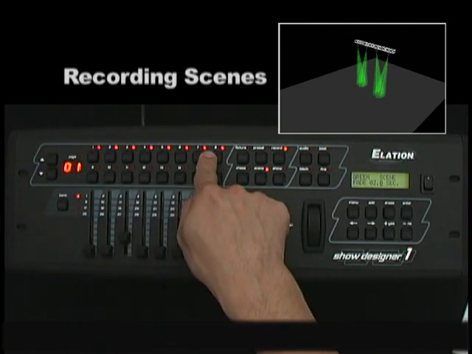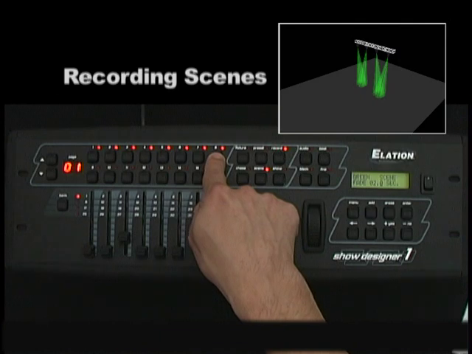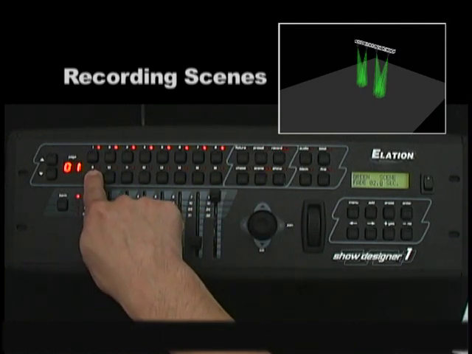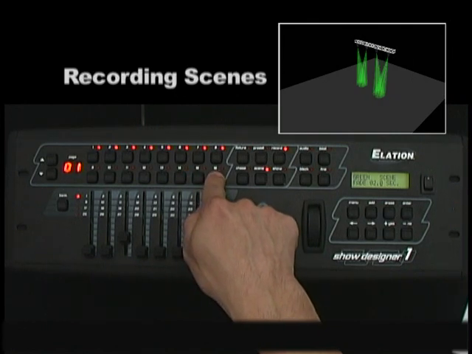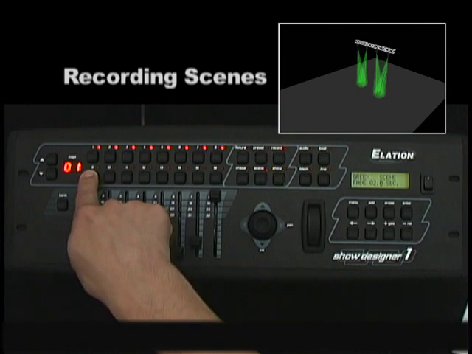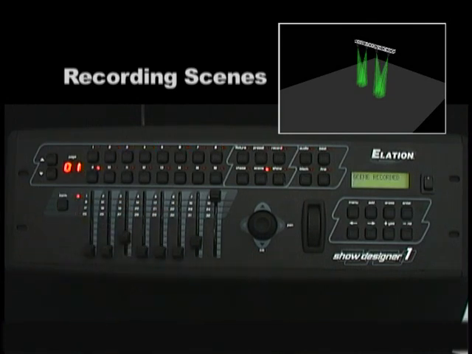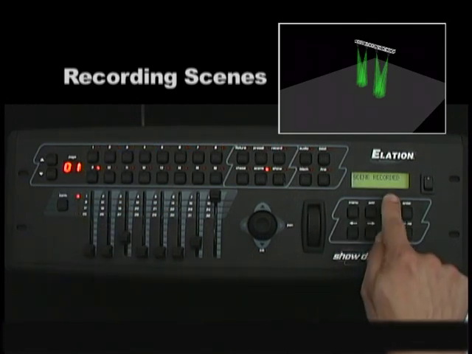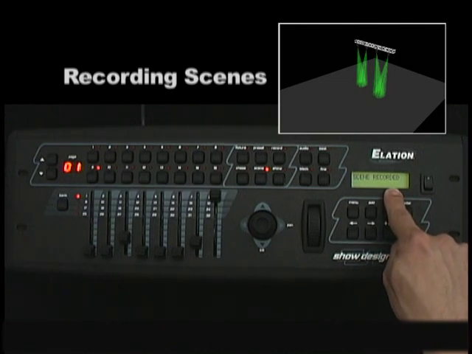As these number buttons have the LEDs lit, this indicates that there are scenes already stored there. These LEDs are not lit because they are empty or have no scene stored there. So I'll select the next available button and store my scene. The LCD will indicate that the scene has been recorded.